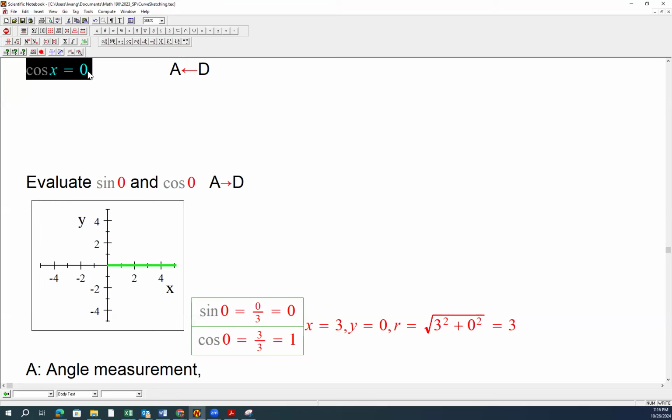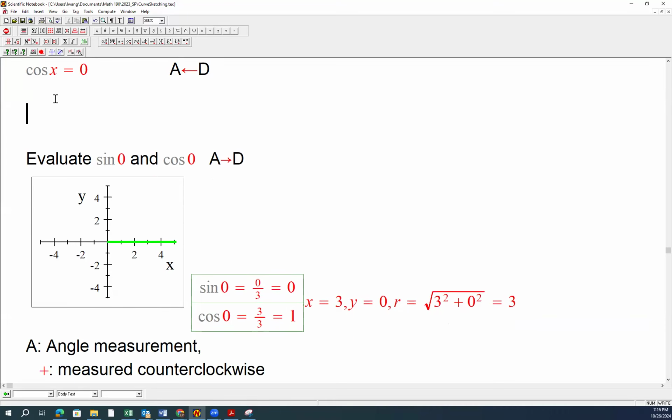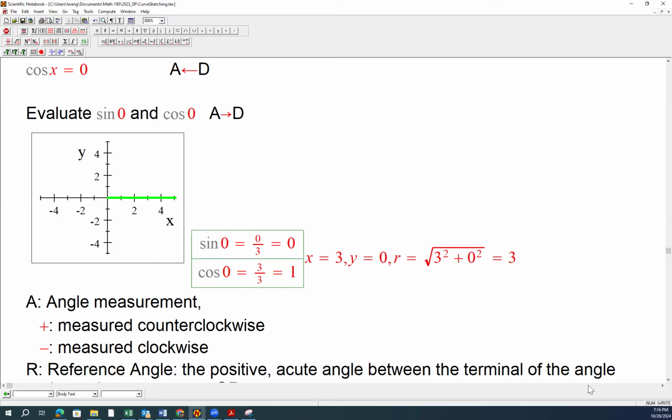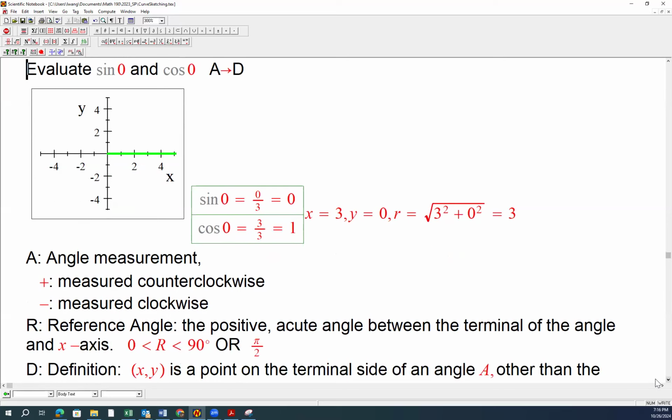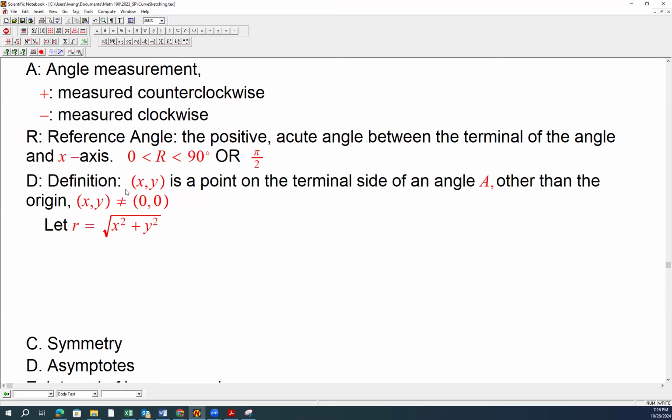So from cosine x equals 0, what do we know? Once again, we need to find the terminal side. It's still the same definition: we're going to pick any point on the terminal side of the angle.